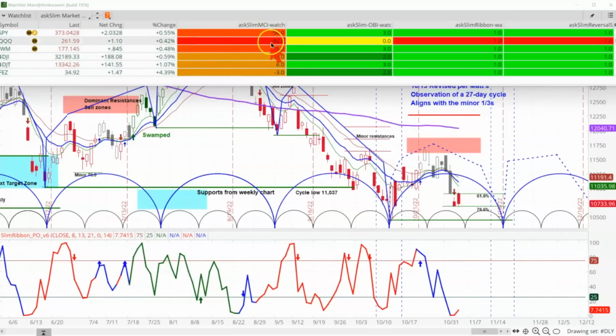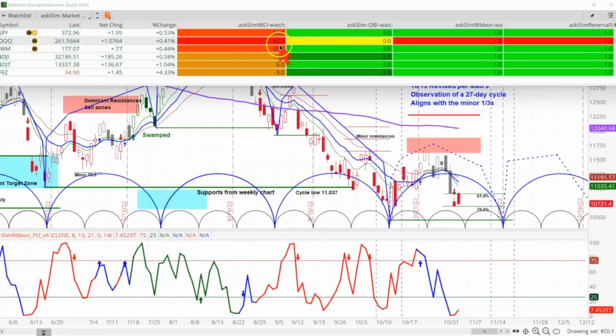This indicator has the longest term variables built in, and you can see that it runs from plus 100 to minus 100, and there's something called the swing zone when it's in the minus 25 to plus 25 area. Nothing has moved above that plus 25, so there's nothing positive in here yet, and that's why it's orange and red. But look at the NASDAQ, minus 92, compared to the S&P 500 or the Russell or the Dow, which is plus 10.